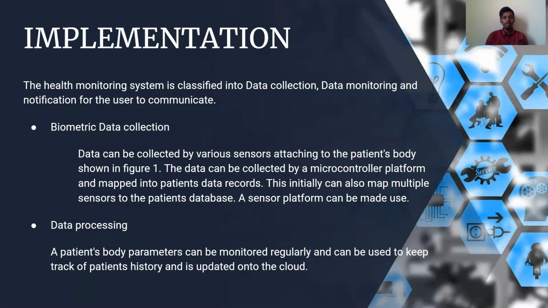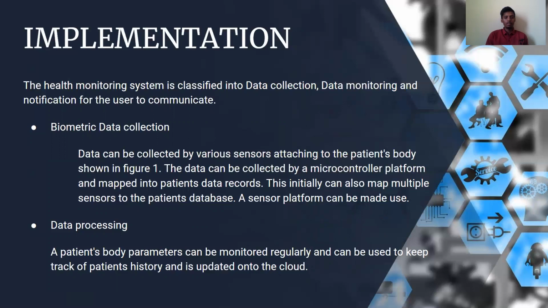This initially also maps the data sensors to the patient's database. Once the temperatures and all the other values are collected from the patient's body, this is sent to the patient's database, and it can be stored there for history and checkups also.